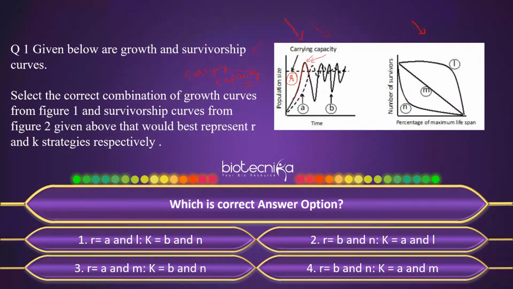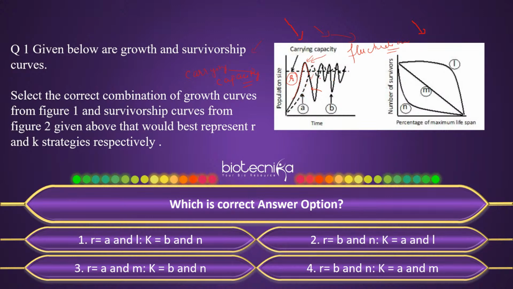So they will fluctuate over the carrying capacity, and that will be subsequently followed by a decline in the number of offspring. So we can see that here we have the population burst. This is known as the fluctuation. So the R selected population will be fluctuating around the carrying capacity, unlike the K selected.